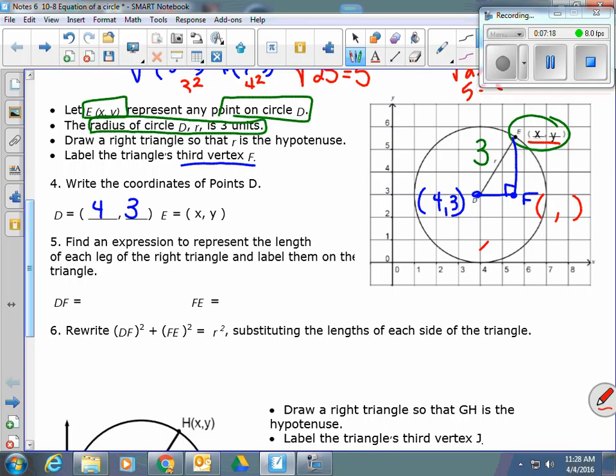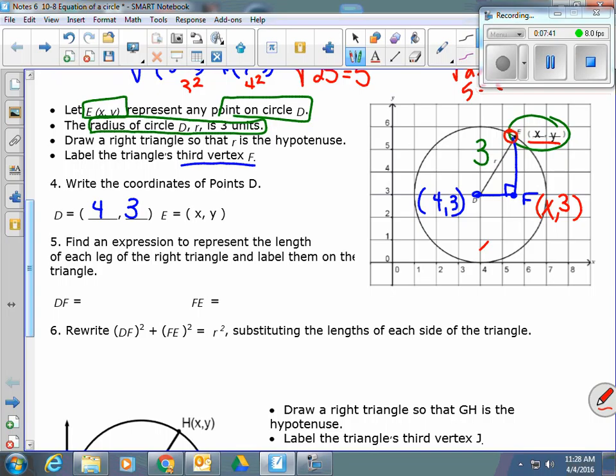Wouldn't I go over the same amount I did for this one? So what do we put for that one? X. How far up do I have to go? 3. Isn't it the same as this one? So this coordinate is over X and up 3. Are we okay? Are you sure?